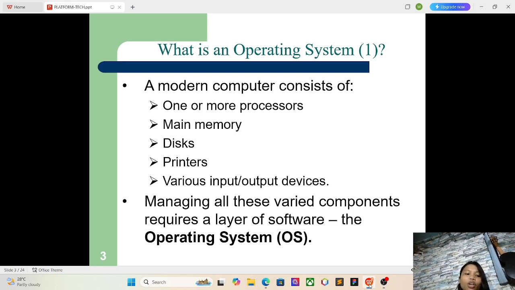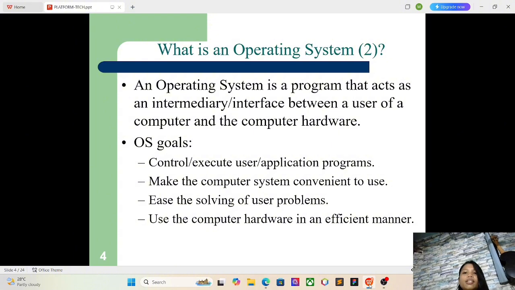Server OS includes Windows Server, Linux, and Ubuntu Server. So what is an operating system? An operating system is a program that acts as an intermediary interface between a user of a computer and the computer hardware. So what is the goal of an OS?